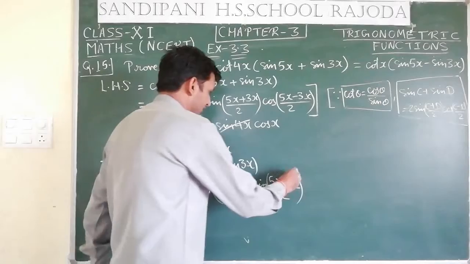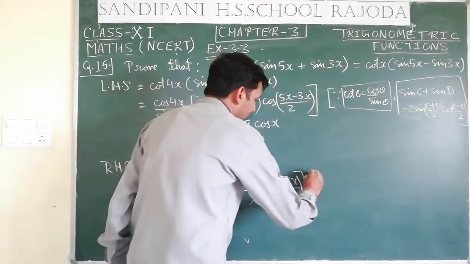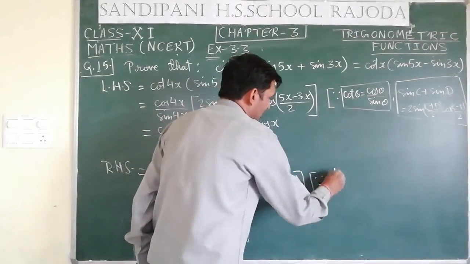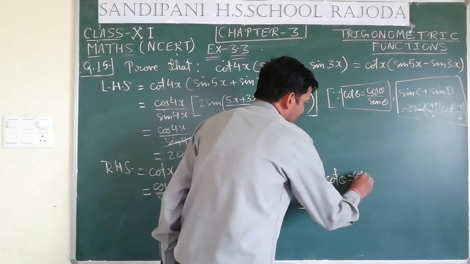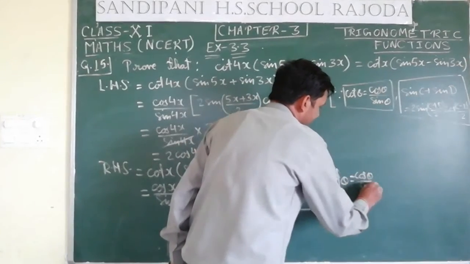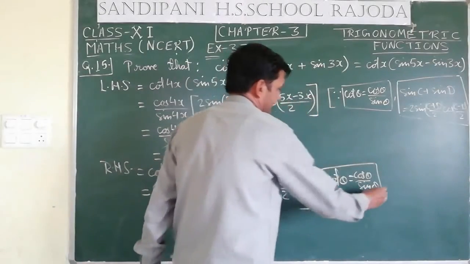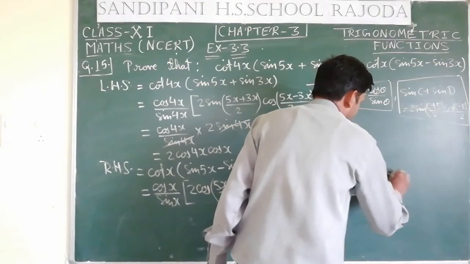Here again we have to mention applied formula. That applied formula will be again cot theta is equal to cos theta upon sin theta. This is one, and another one is sin c minus sin d.